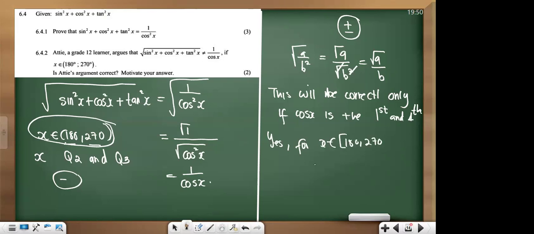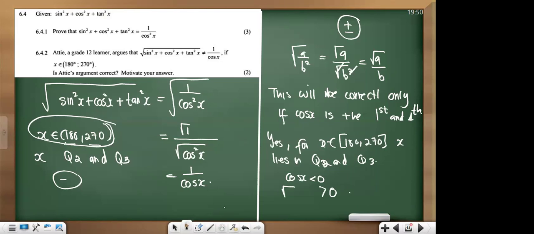What does it mean? x lies in the third quadrant, but we know that cos x is less than 0. But remember now we are introducing the square root. The square root of any number should always be greater than 0. If this was in the first quadrant, it's going to be correct.